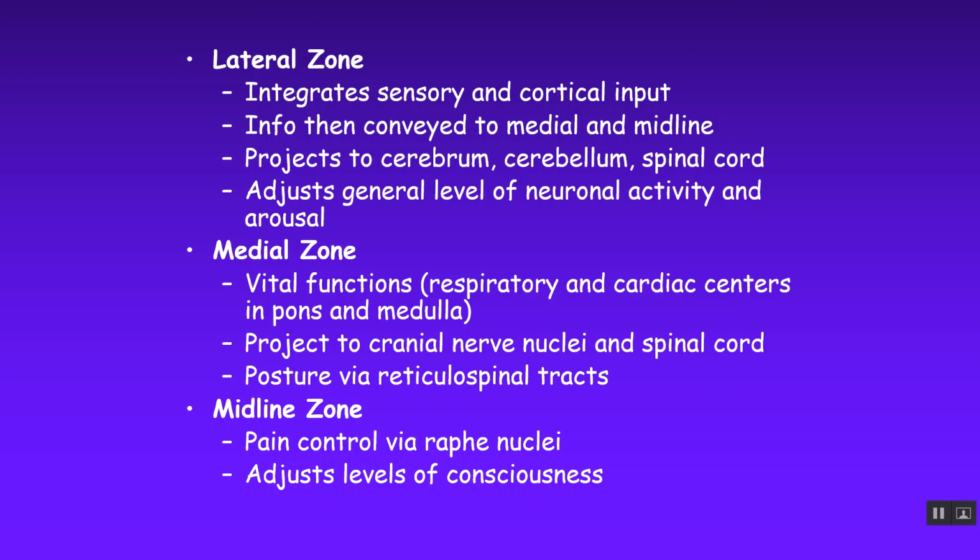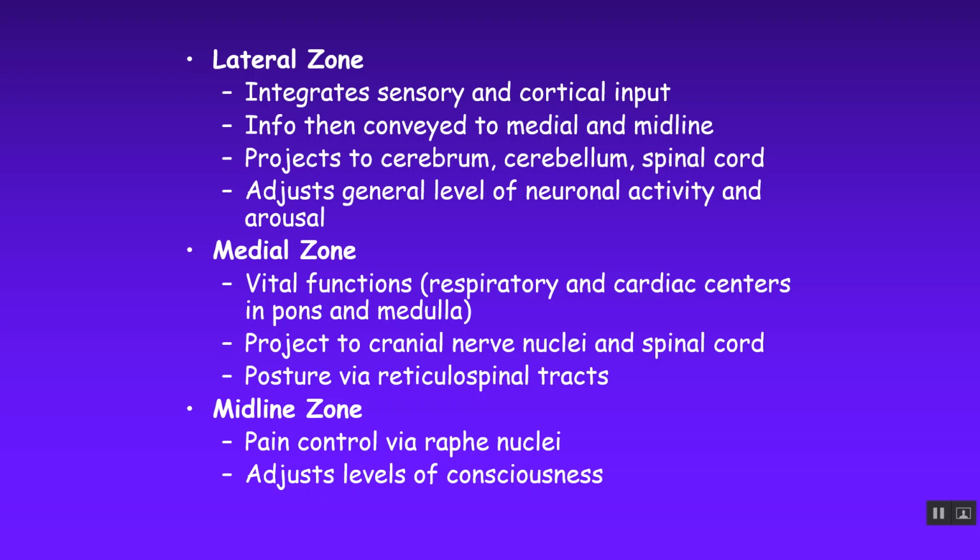Okay, so going from outside to inside, starting in the lateral zone, there's a lot of integration happening here. You're integrating sensory and cortical input. So those cortical fibers that stop in the brainstem and sensory fibers that also stop or have collaterals in the brainstem, they do this in the lateral zone, and there's some integration going on there.